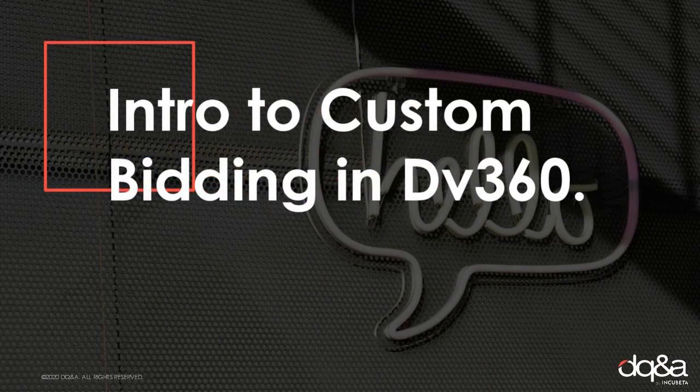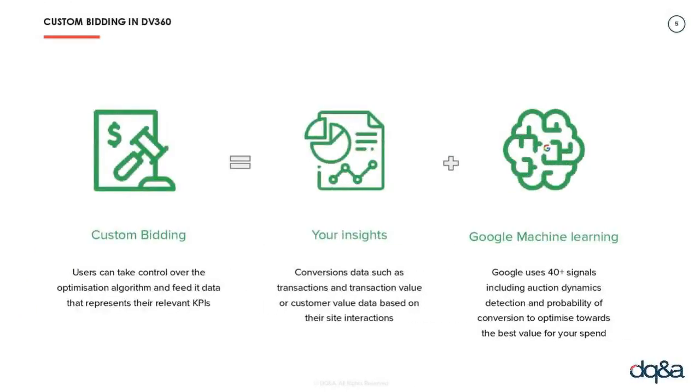So, as said, first of all, we'll be looking into an introduction to custom bidding in DV360. So, first of all, what is it exactly? When we're looking at custom bidding, it basically means that users can now take control over their optimization algorithm by feeding it the data that represents their relevant KPIs.